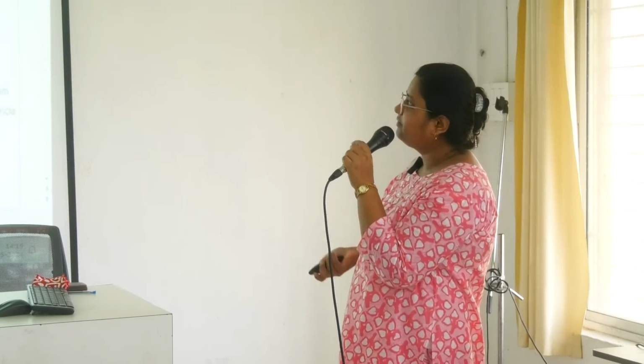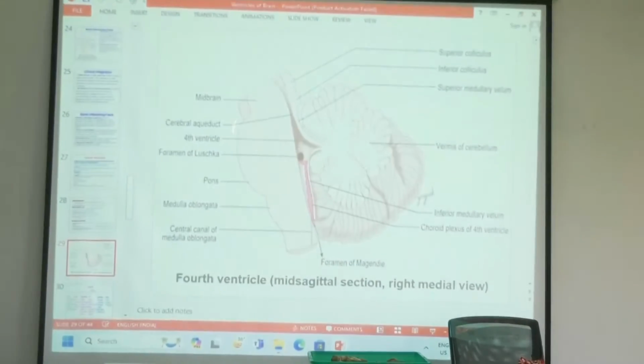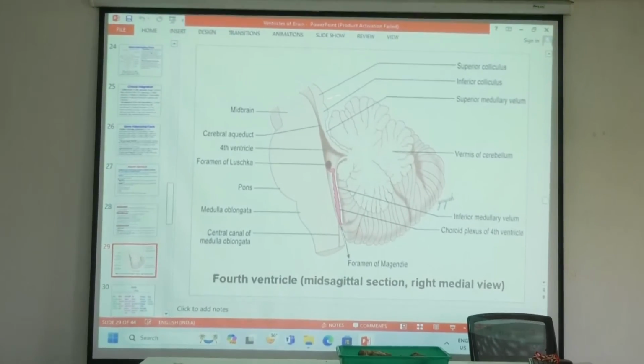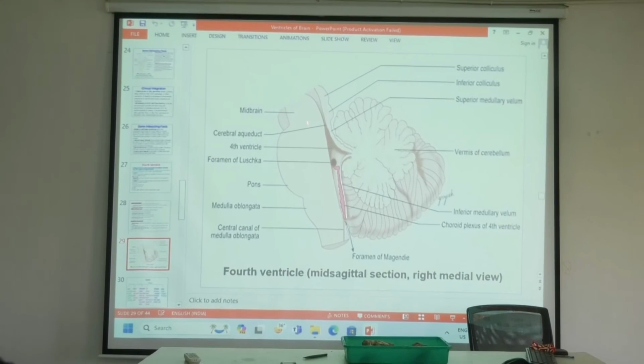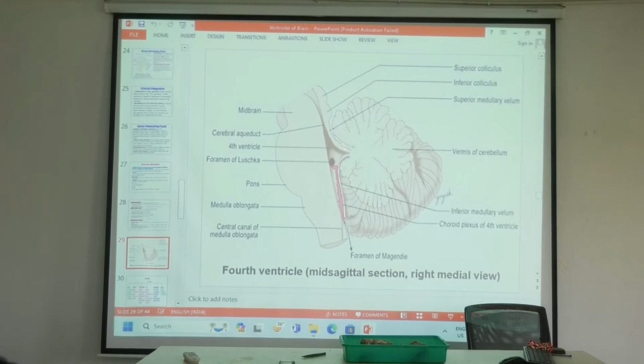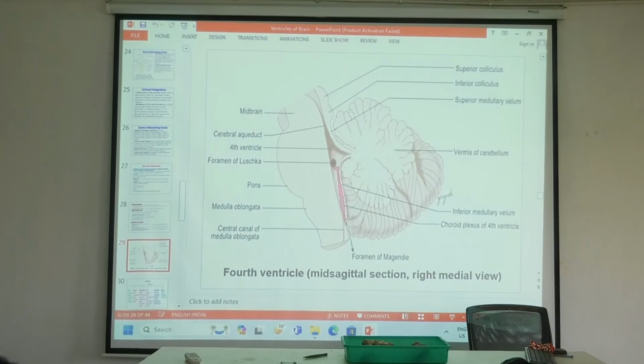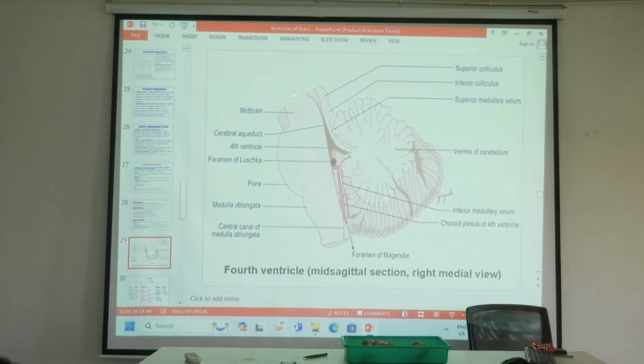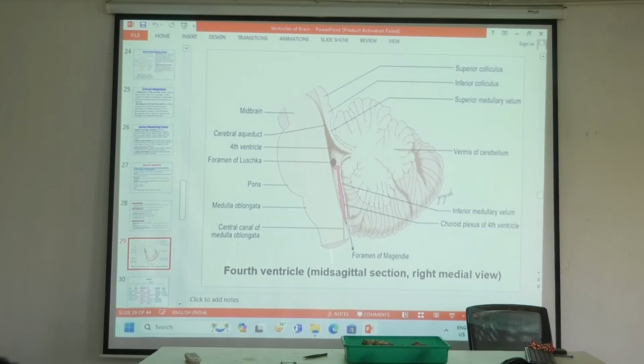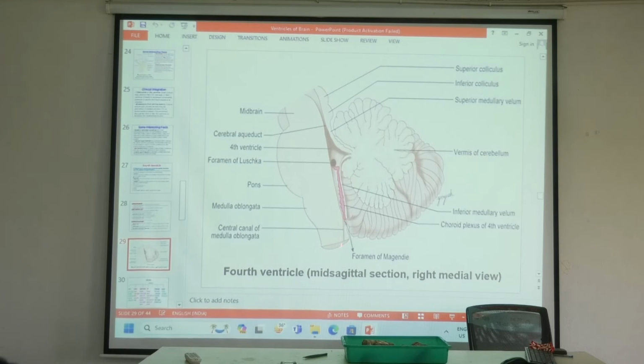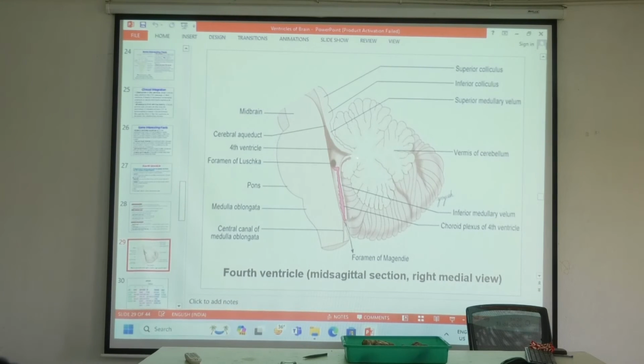Okay. So see here, this part is midbrain, pons, and medulla. Here is the cerebellum, and this tent-like cavity is the fourth ventricle. It is connected above via the cerebral aqueduct with the third ventricle, connected below with the central canal of the medulla oblongata here. So this tent-like structure is forming the roof.